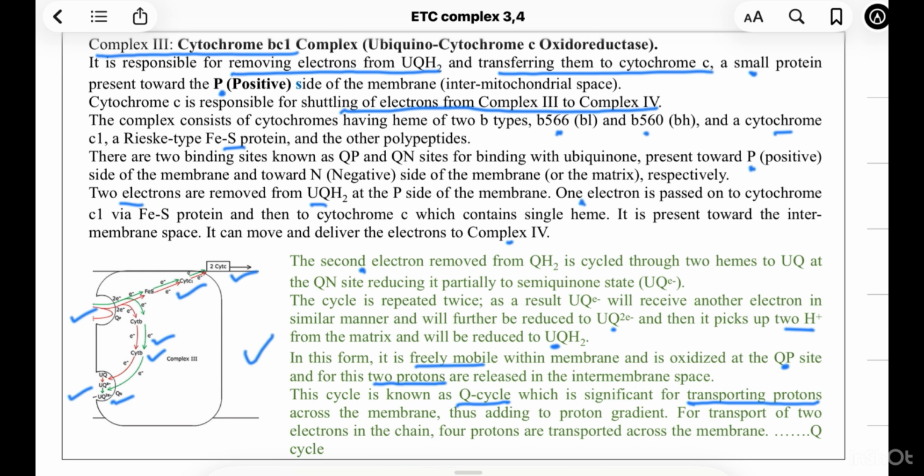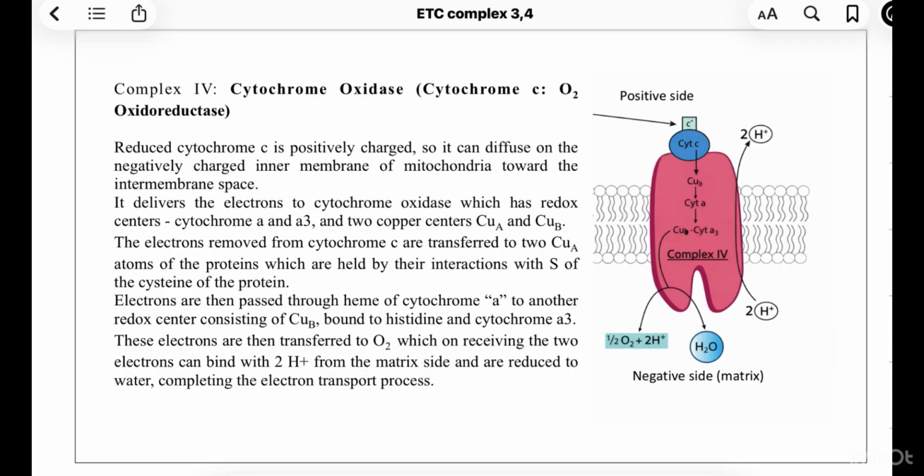Next is complex 4, the cytochrome oxidase. Children, till now we have come to the conclusion that NADH, FADH2 are produced and they are being processed through electron transport chain. We've already done Krebs cycle, glycolysis, link reaction.